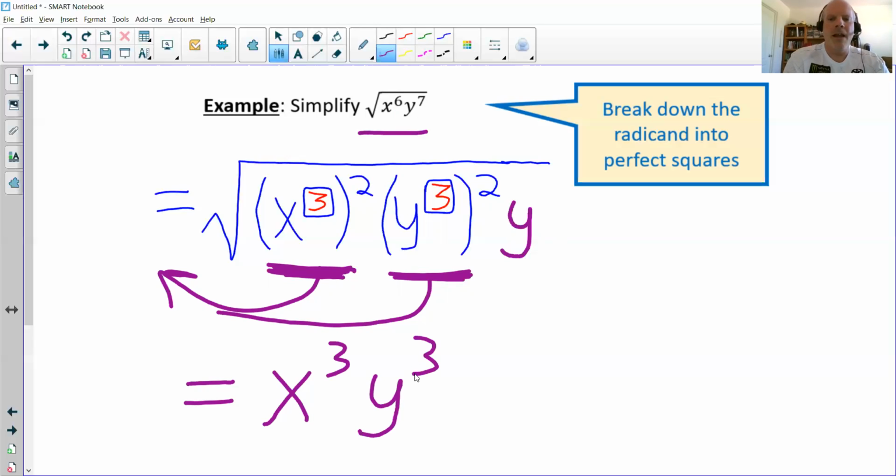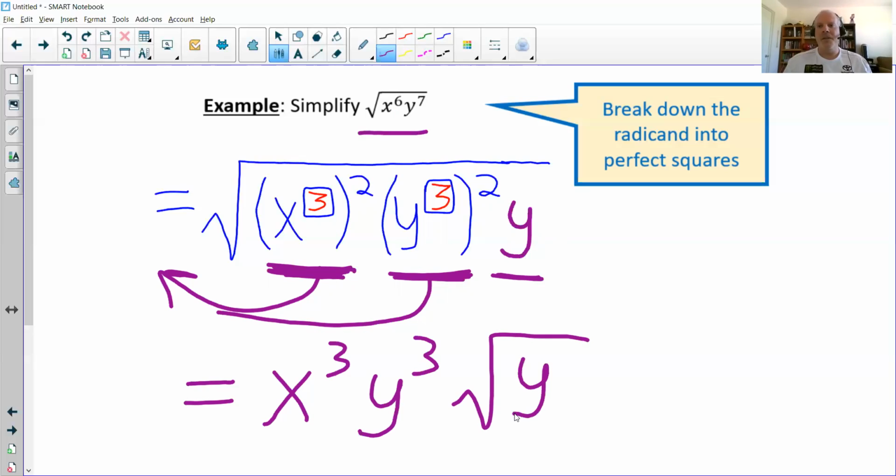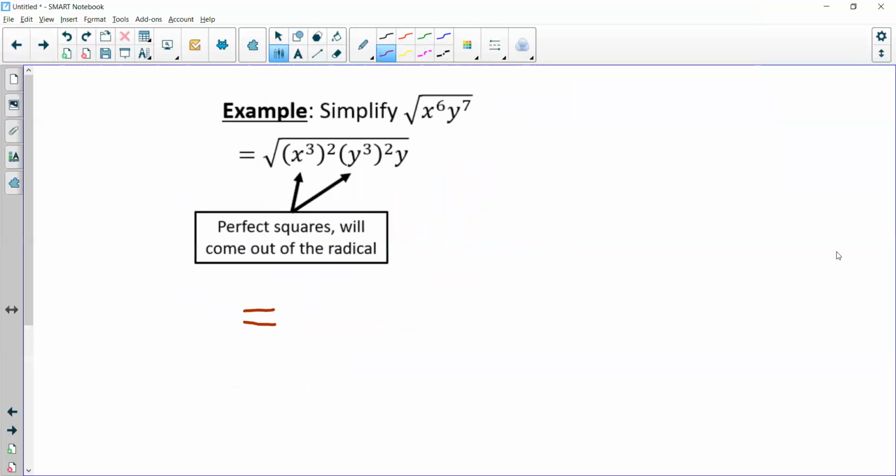However, we're left with this oddball y, so we put radical y, and that's our answer. And that's the same problem, so we'll skip that.